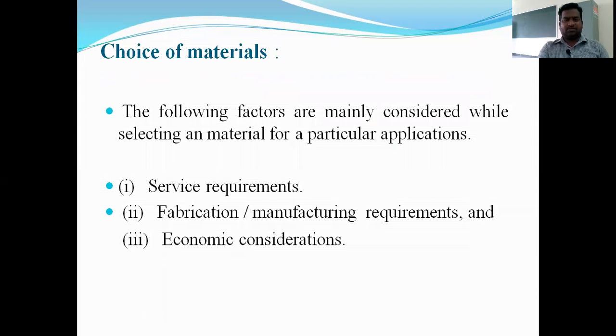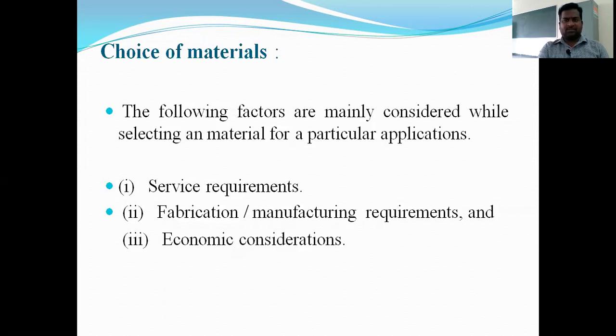Okay. So the choice of materials depends upon the particular applications. From the design point of view, we have to select the material, so that choice depends upon the applications. What are the applications we are using, based on that, the material.